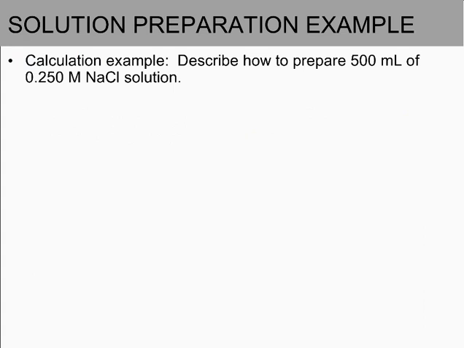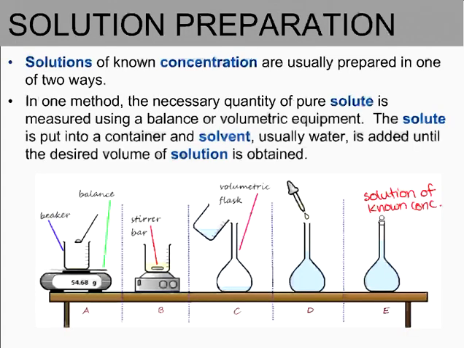And molar is referring to moles per liter. So if we look at the previous slide, we're kind of thinking backwards here. We're starting with our known solution, and we want to figure out how much of the original solute we need.